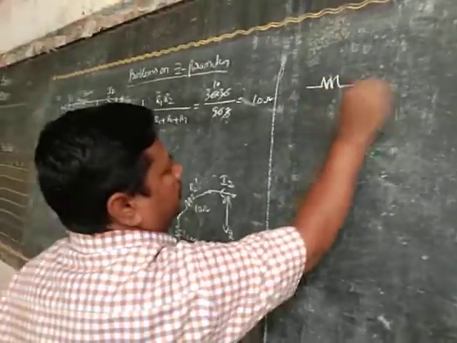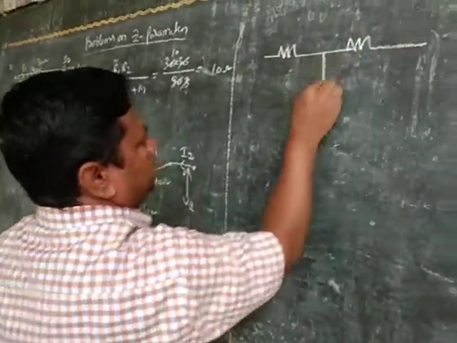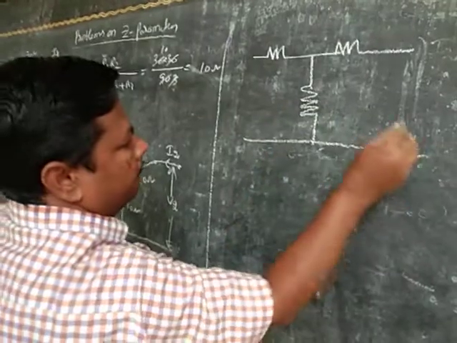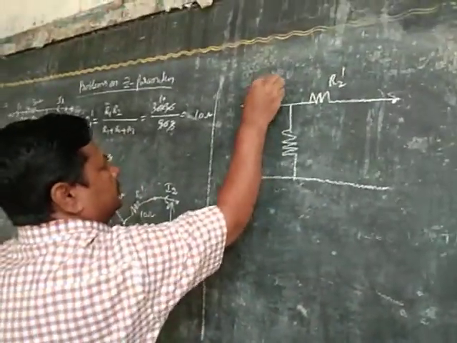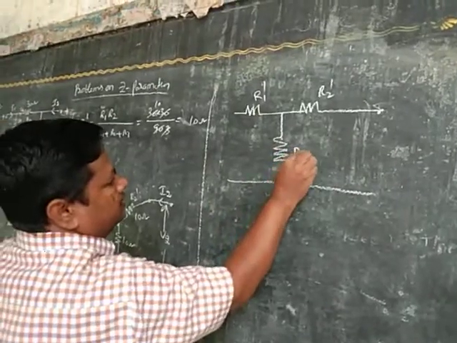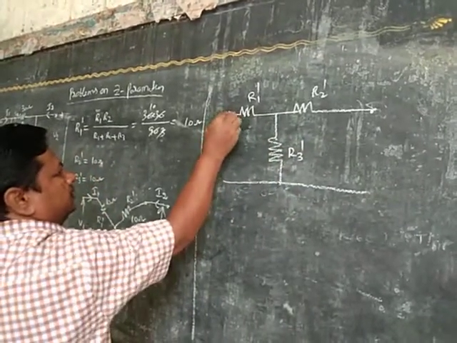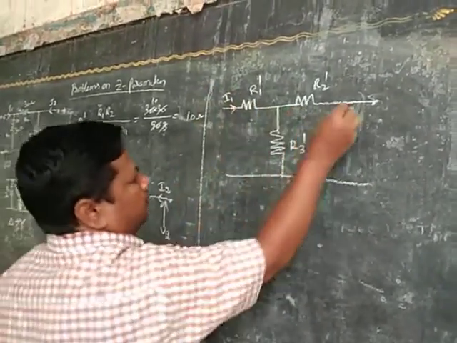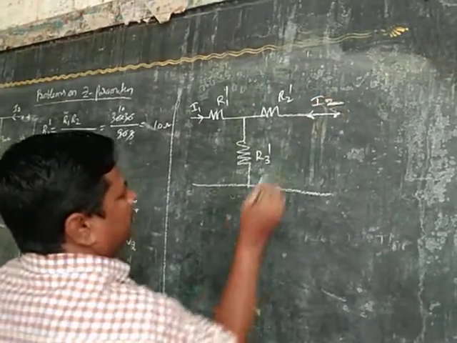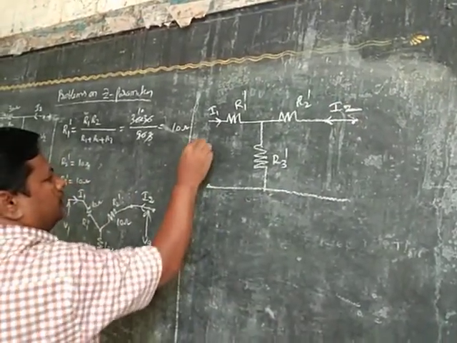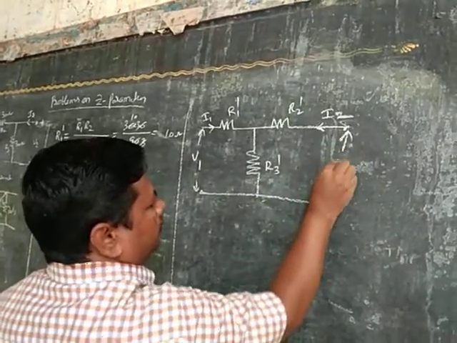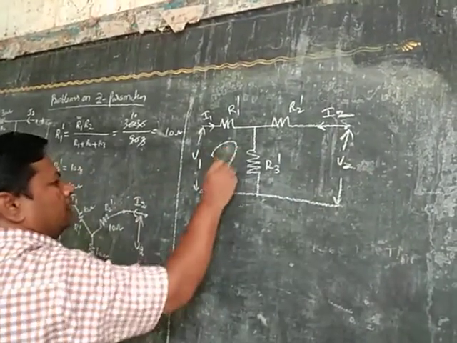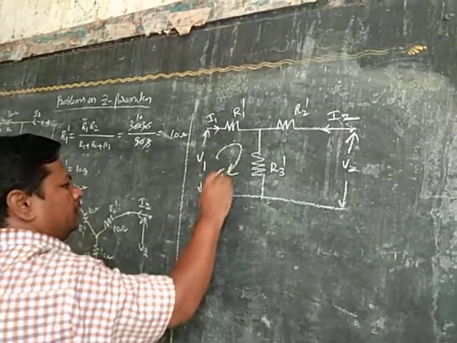Again here T network, R2 dash, R1 dash, R3 dash. It is I1. Now it is I2. Here it is V1. Here it is V2.